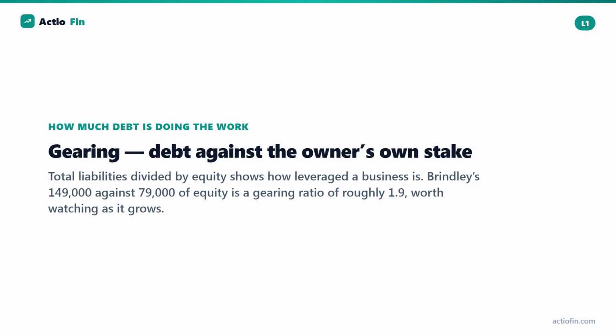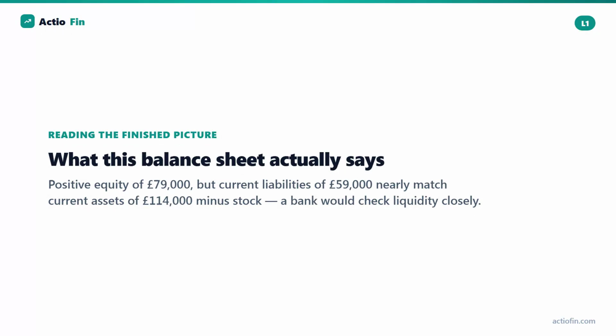So what does this finished balance sheet actually tell us? The headline is good news. Positive equity of £79,000 means Brindley is solvent and has been building genuine value. But look closer at the short-term picture. Current liabilities, trade creditors, VAT and pay-as-you-earn, total £59,000.